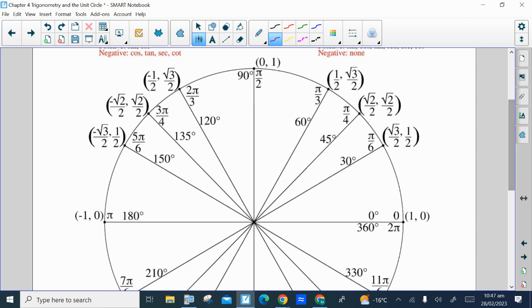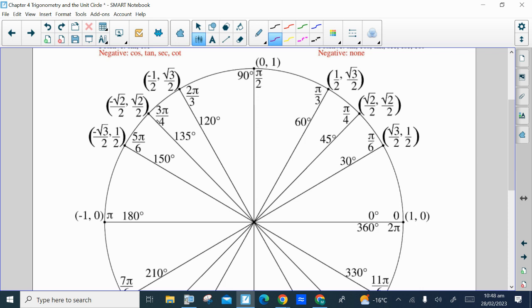But you can fill in the values for the other quadrants using reference angles and the same two numbers, just with the appropriate sign. So for example, the numbers for 5 pi on 6 come from a reference angle of pi on 6. So it's the same two numbers from pi on 6, except in the second quadrant, x is negative and y is positive.